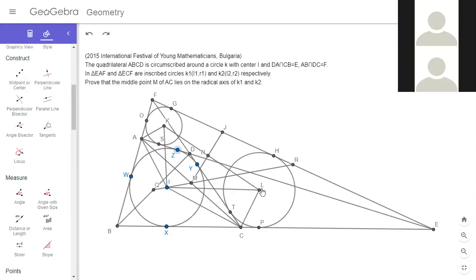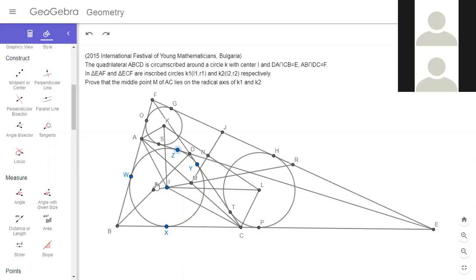What were you thinking after that? I think we can use this to angle chase something down or try proving that GM is perpendicular. But this was just one observation I found. I mean, yeah, that looks like a really useful fact, though. So I think CIX is similar to CPL. I think that's trivial to prove.